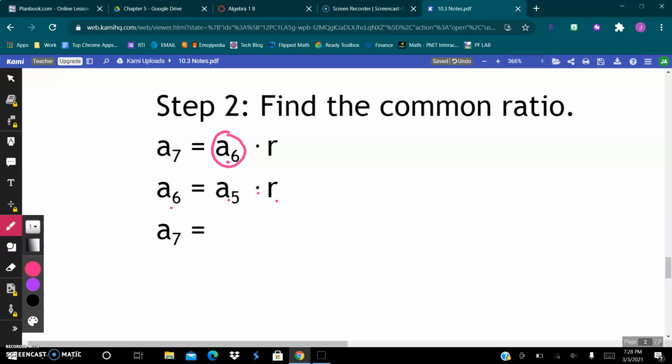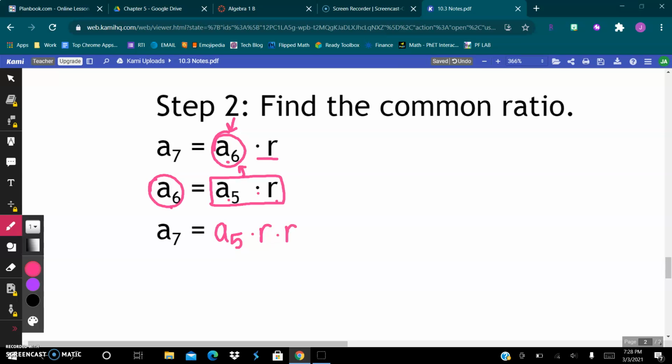This is what the 6th term equals, so we're going to substitute that in, because the 6th term equals the 5th term times r. So we're going to replace the 6th term right here with the 5th term times r, and then we have the rest here times r.